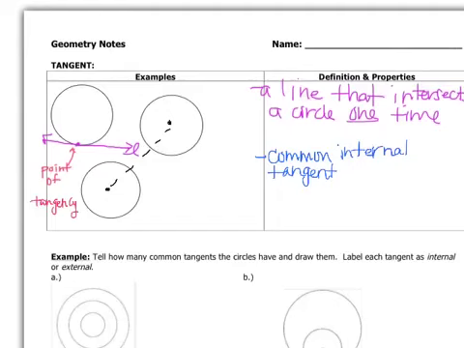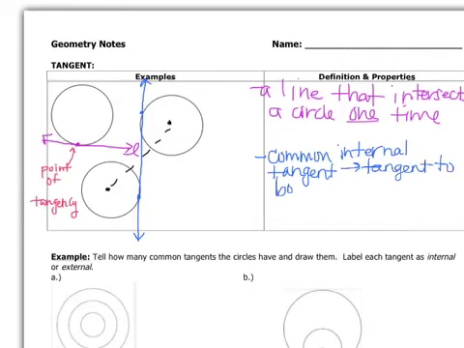A common internal tangent is a tangent that touches both of those circles and intersects this dotted line. Okay? It's tangent to both circles. And crosses the segment that joins the centers.